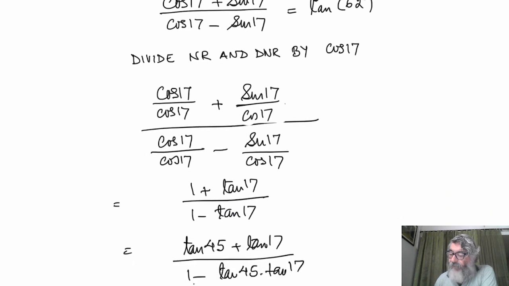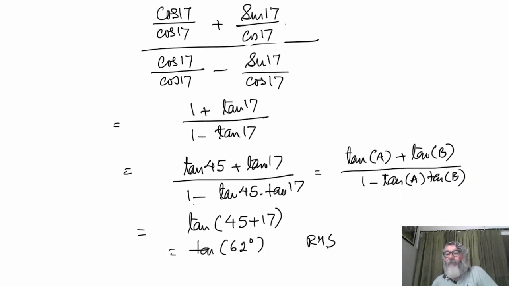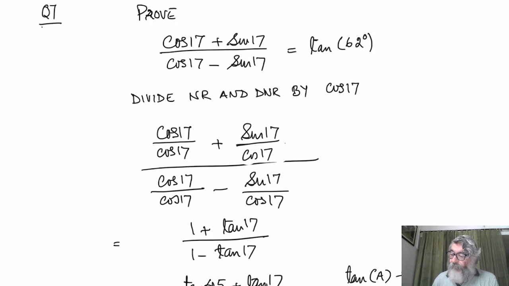So 1 minus tan 45 tan 17 is actually tan A plus tan B upon 1 minus tan A tan B. tan A is replaced by tan 45. tan 45 is 1, and it is multiplying with tan 17, so it doesn't make a difference. So tan of 45 plus 17 becomes tan 62, and that is what we had to prove.